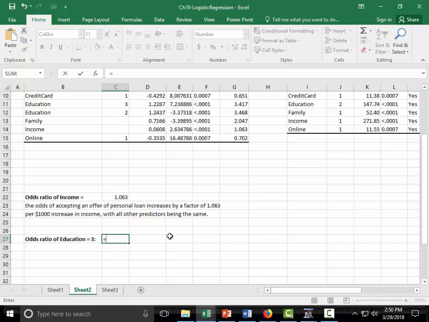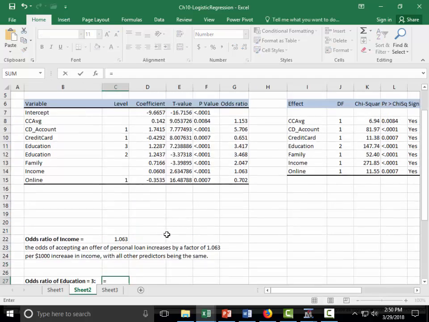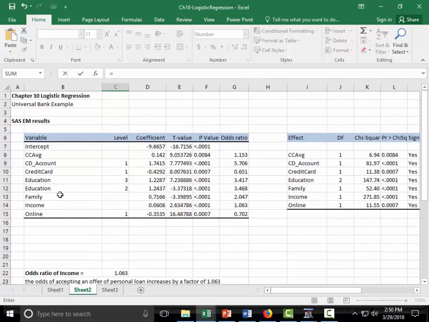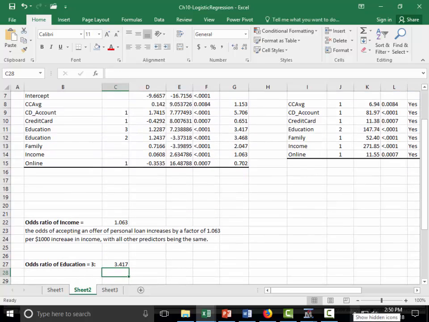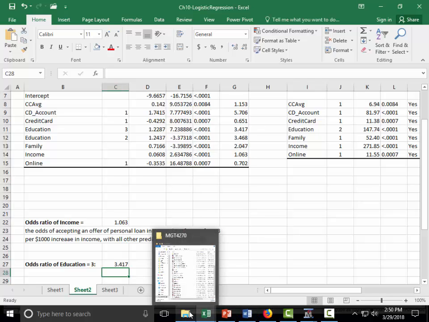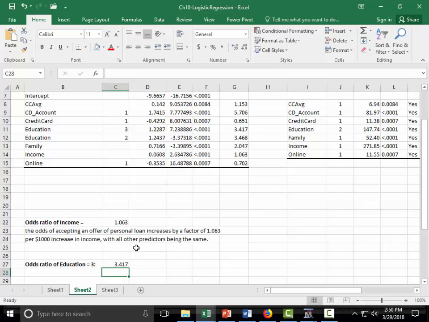Now let's interpret the odds ratio for education equal to 3. So education equal to 3, the odds ratio is that. Now the interpretation is slightly different from when the predictor variable is interval.